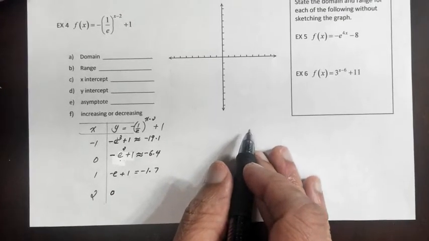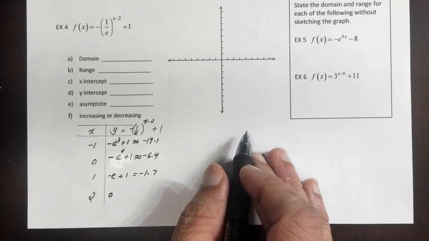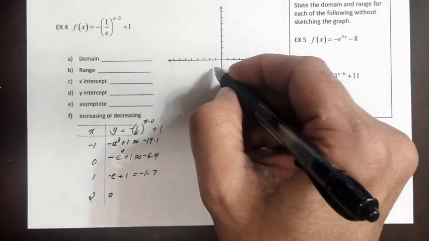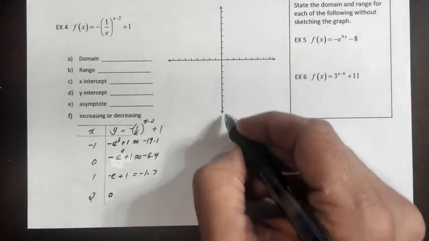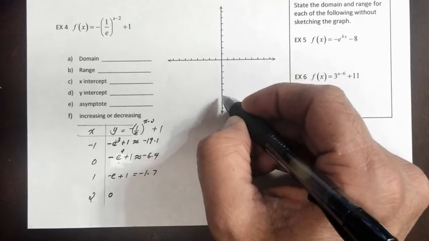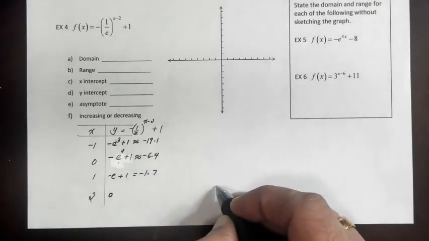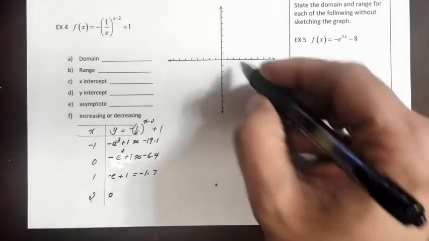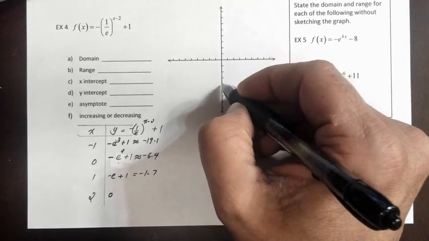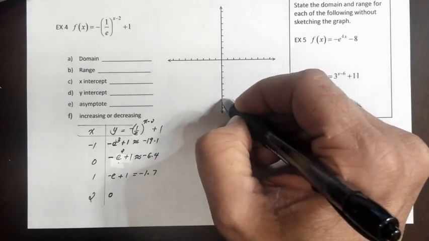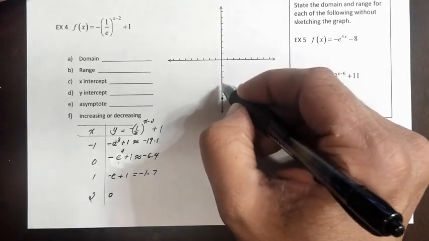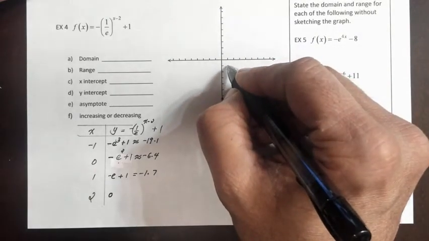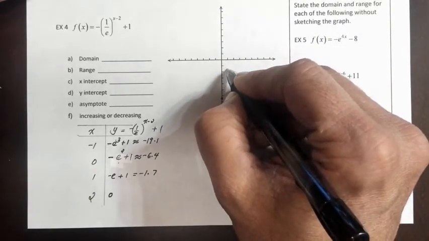And let's plot these values right here. So -1 is actually -19.1. We can just have this here, 1, 2, 3, 4, 5, 6, 7, 8, 9, maybe somewhere down here, just an approximate value. And 0, -6.4, somewhere here. 1 is -1.7, close to this point right here.